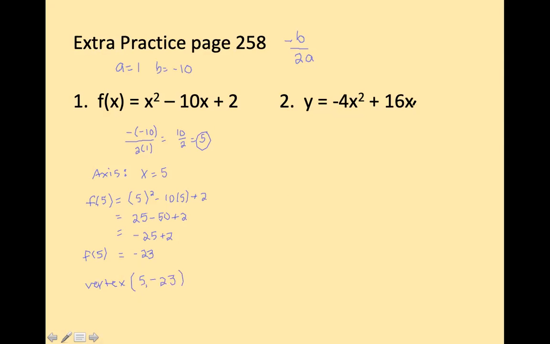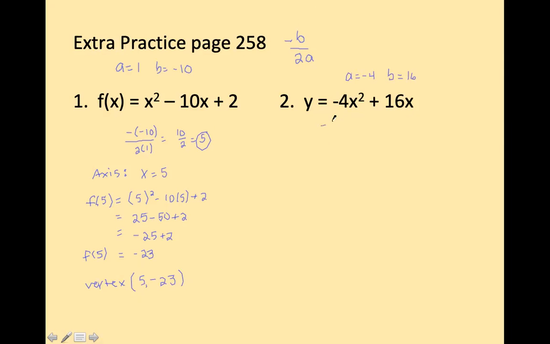All right, let's try the next example. In this case, our a is negative 4 and our b is a positive 16. For the x coordinate of the vertex, we're going to do negative b over 2a.